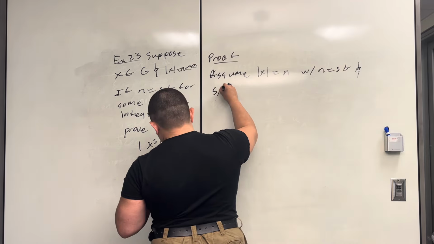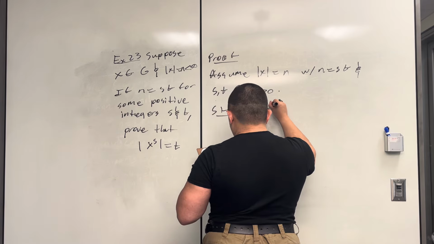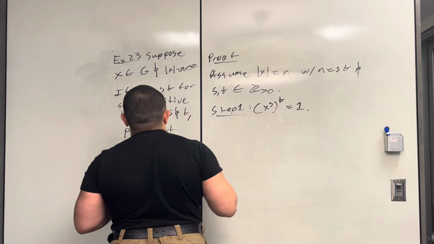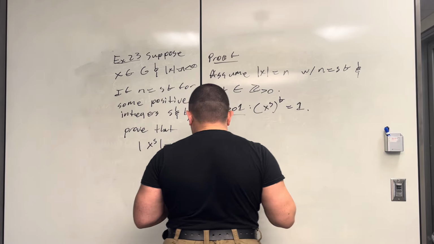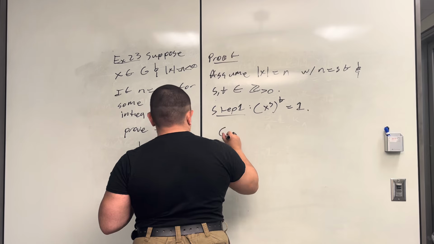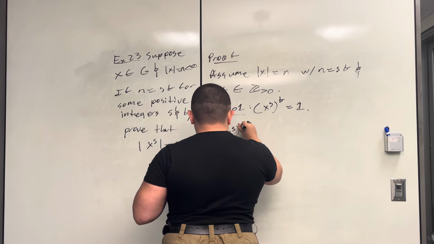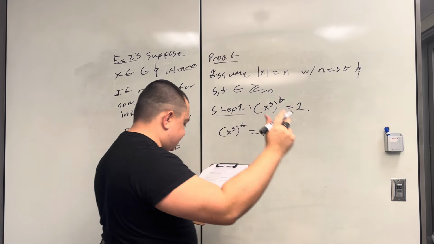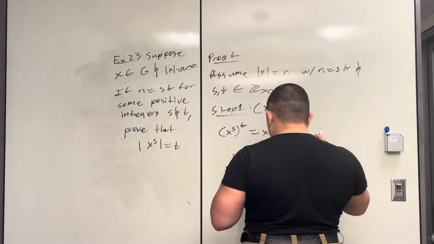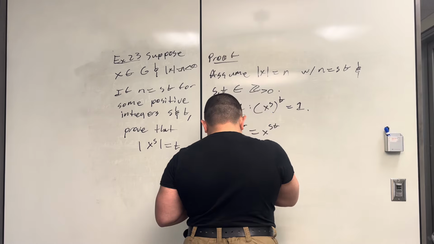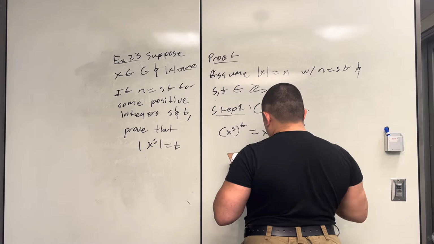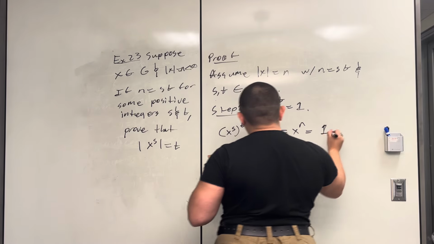So for the first step, let's just consider this. (x to the s) to the t is equal to 1. Okay, so (x to the s) to the t is equal to x to the st, which is equal to x to the n, which is equal to 1 by definition of order.